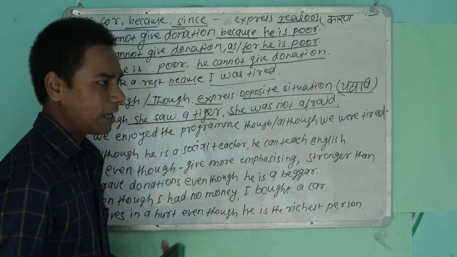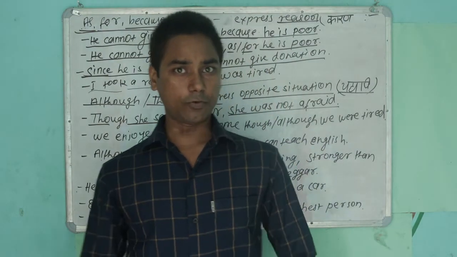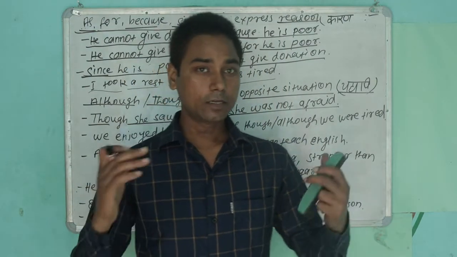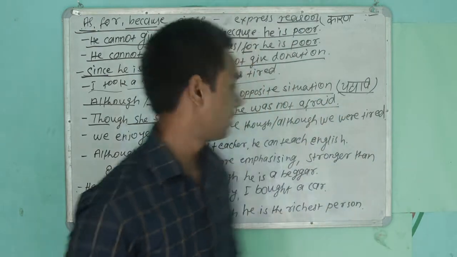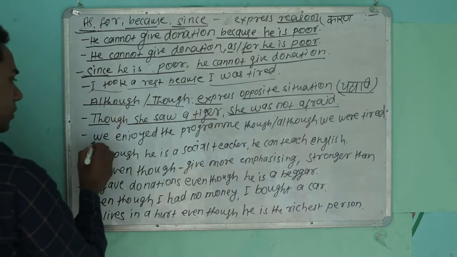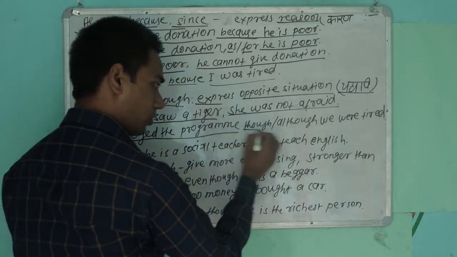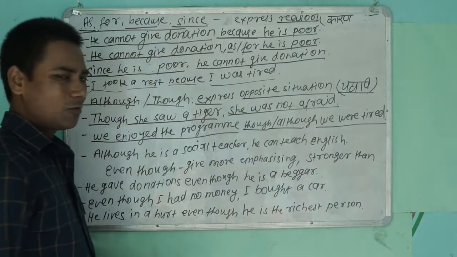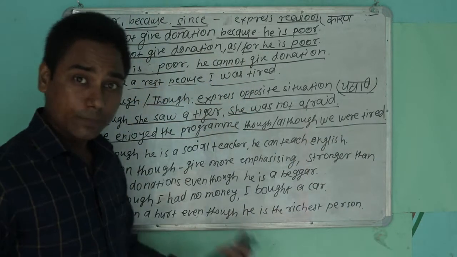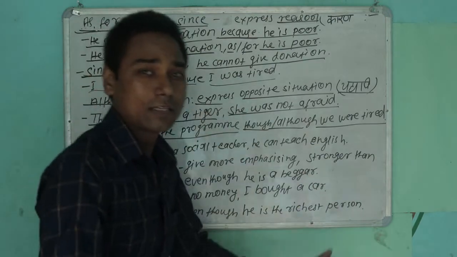Yeah, normally while we see a snake, at that time we became afraid. Yeah, if we don't afraid, it means there is contrasting situation. Look, next, we enjoyed the program, although we were tired. We were tired, but we enjoyed the program.